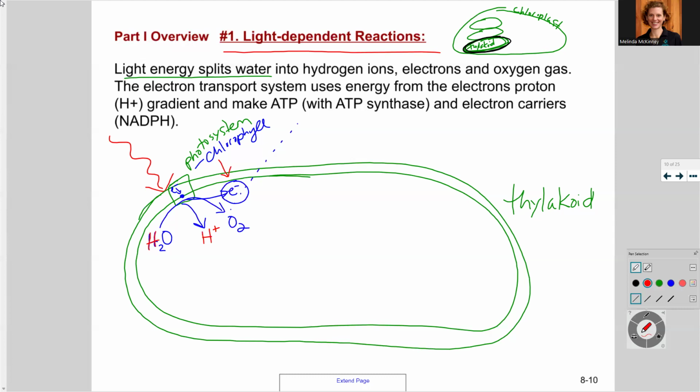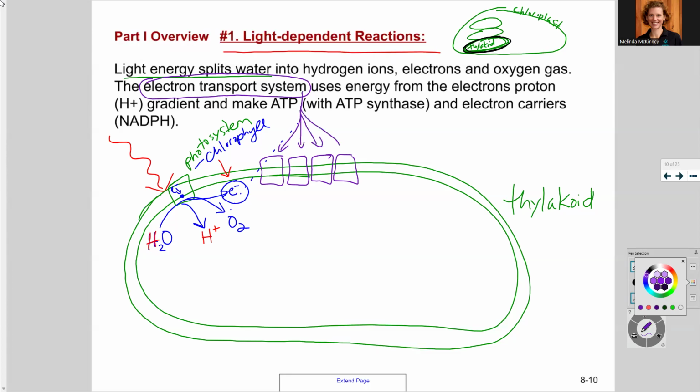Now that electron is going to be passed to a series of molecules, proteins that are embedded in this thylakoid membrane. And this is the electron transport system. So it consists of these proteins here. It's going to transport this electron through it.